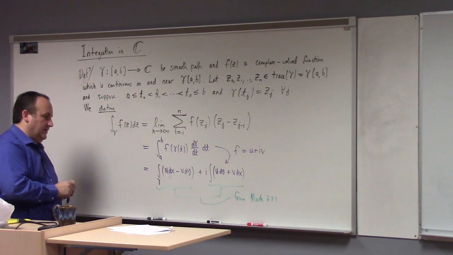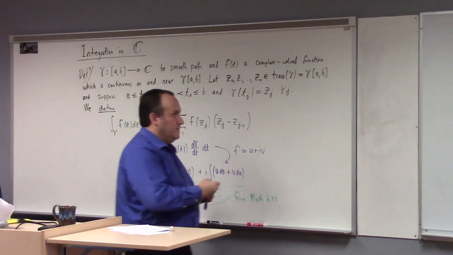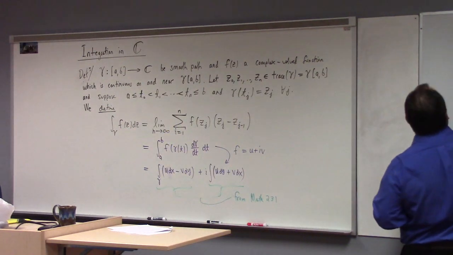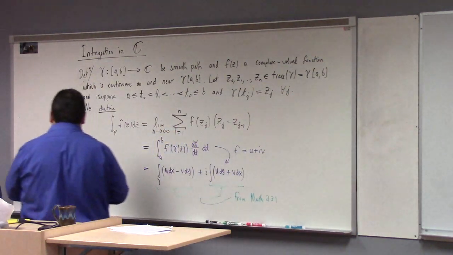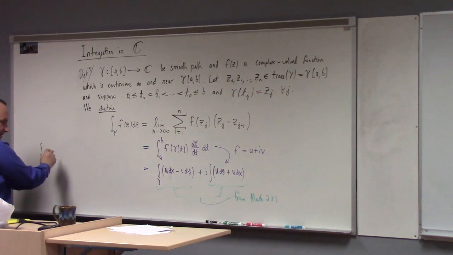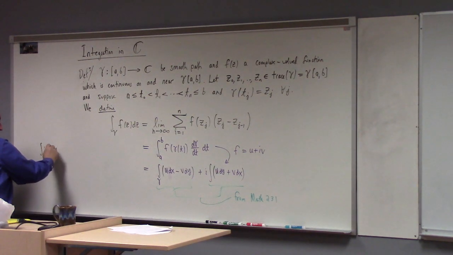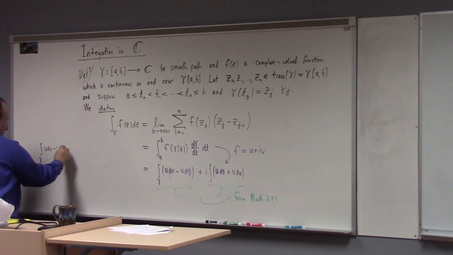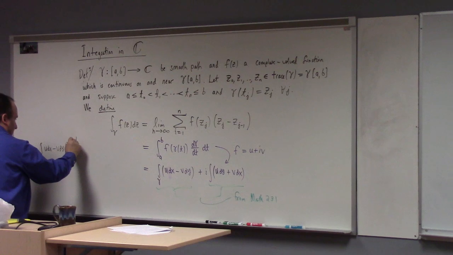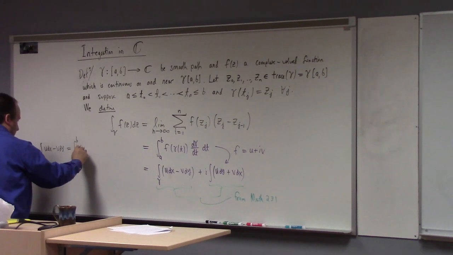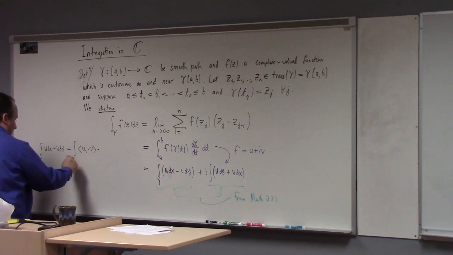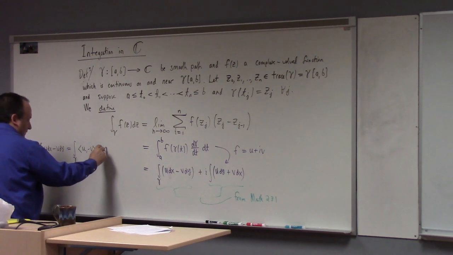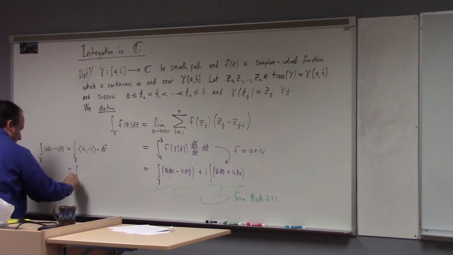So specifically, what I actually mean by that, technically speaking, is that, I'll just do one of them, the integral of u dx minus v dy over the curve gamma is by definition the integral over gamma of the vector field u comma minus v dot dr. And how we did that, we integrated from a to b.